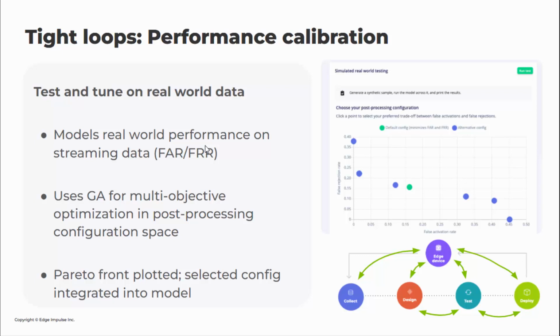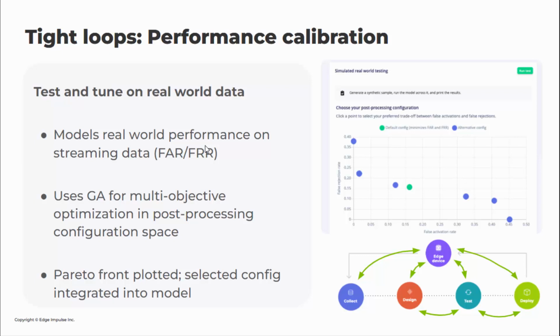So our performance calibration tool basically allows you to upload big, long samples of real-world data that either you label or we'll help you label. And then we'll run your signal processing model across that and try to understand the performance in the real world given a specific post-processing algorithm.